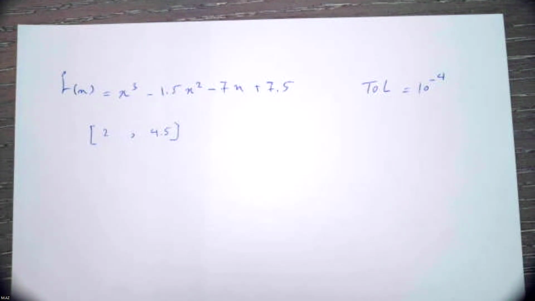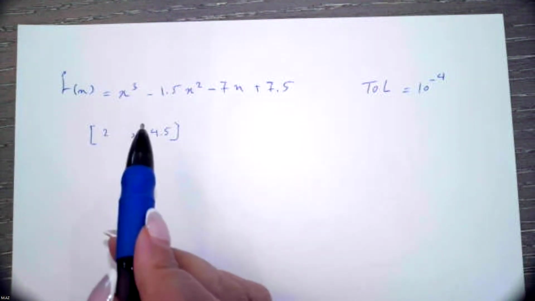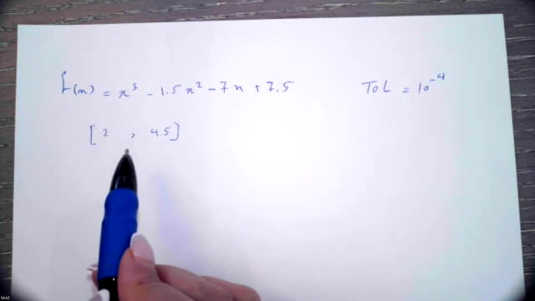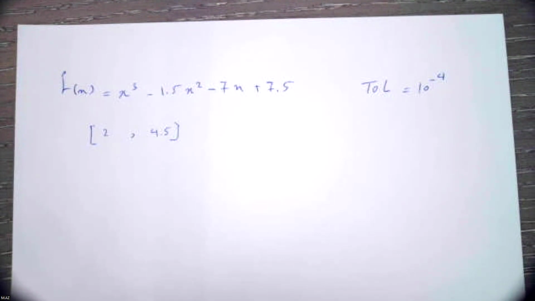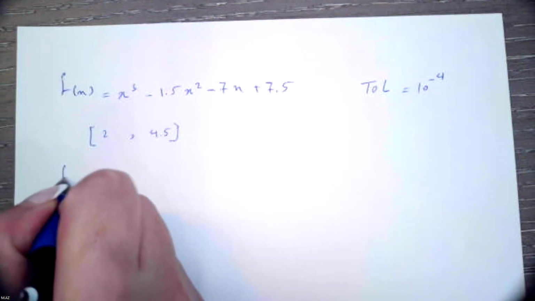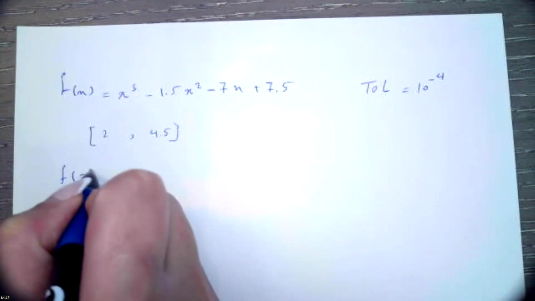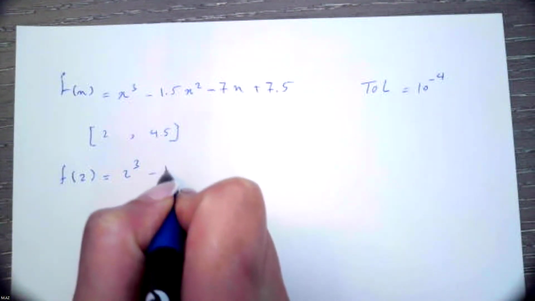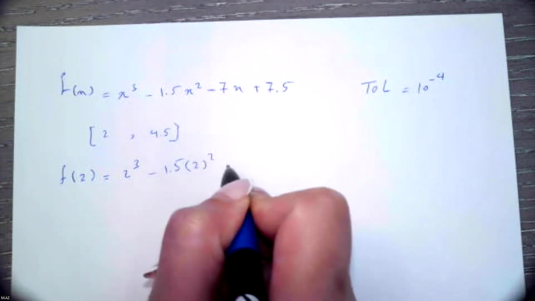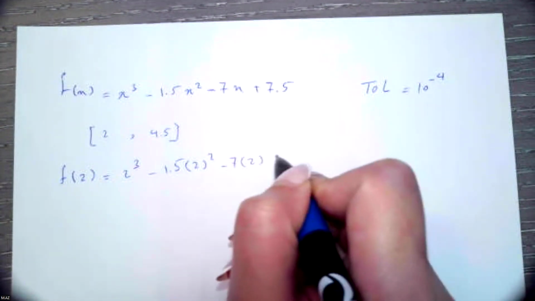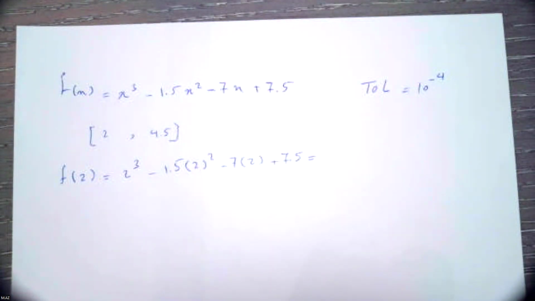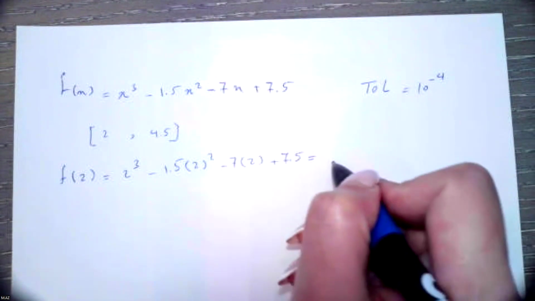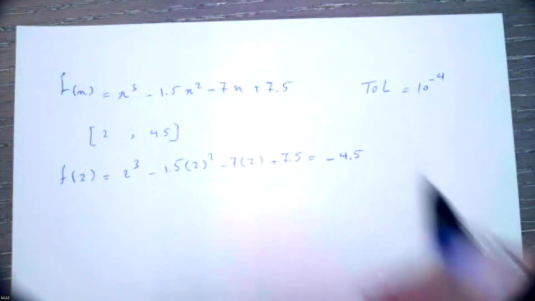The first step, we have to check this bracket: does this interval contain the root or not? How can we check it? We should find the value of the function at point 2. The value of the function at point 2 is minus 4.5.